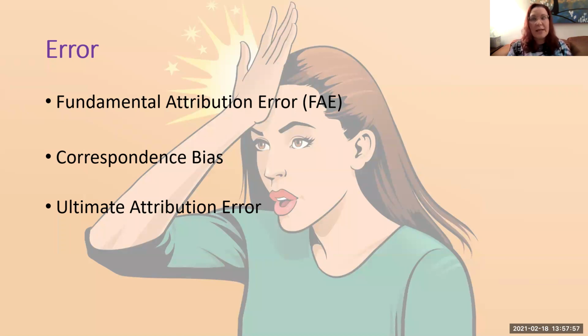This is where we get all sorts of unkind and unfair explanations for people. If somebody isn't working or is out of a job at the moment, we might look at what we think their background is or their demographic group, and we might say it's because they're lazy. Whereas we don't know what their situation is.